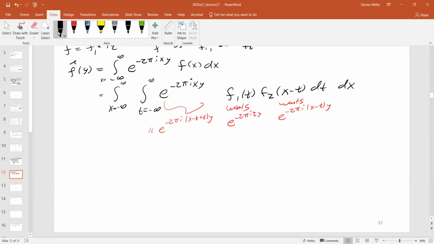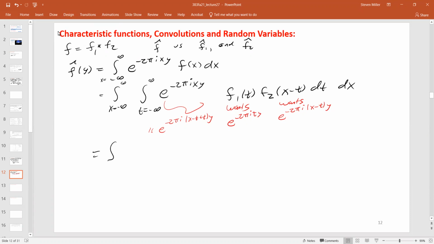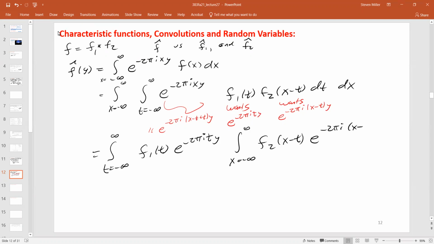Why is this useful? Well, now I can write this as the integral, t goes from minus infinity to infinity. I don't mind switching orders of integration. And now I have f1 of t, e to the negative 2 pi i ty, times the integral, x goes from minus infinity to infinity, of f2 of x minus t, e to the negative 2 pi i (x minus t) times y, dx, dt.